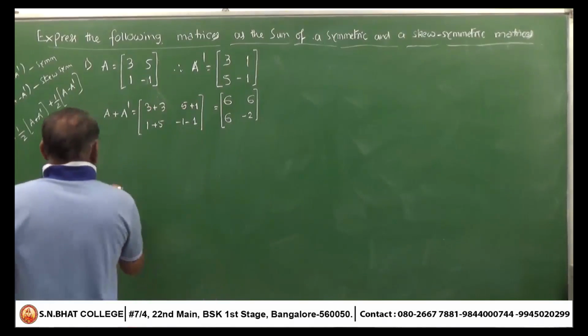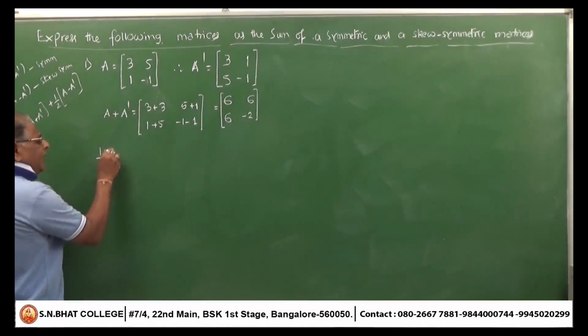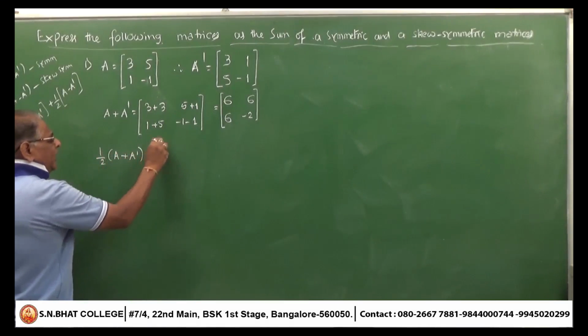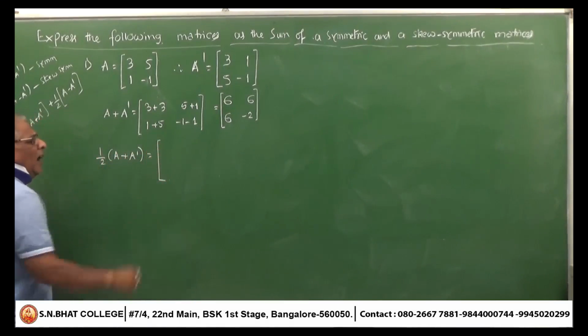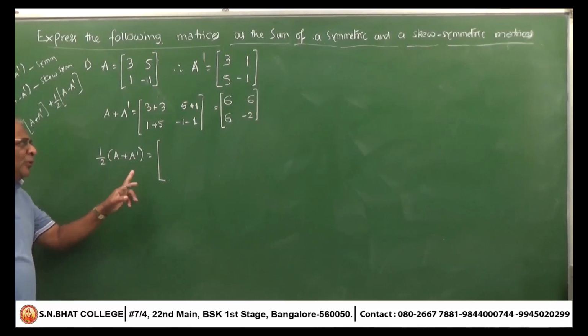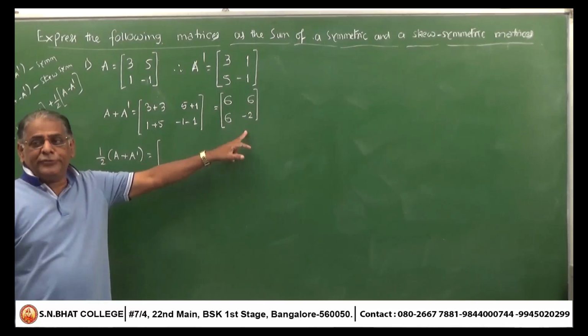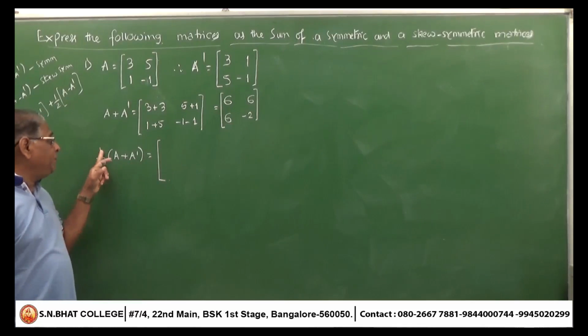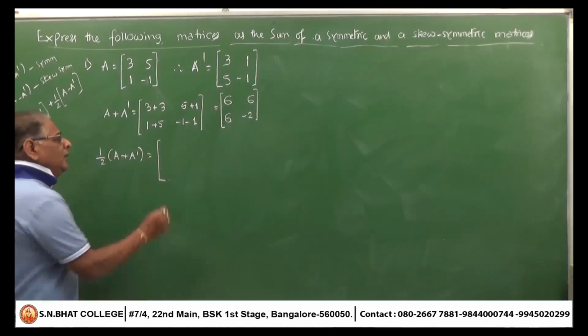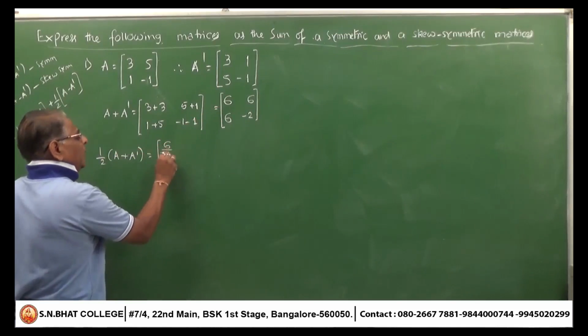Next I have to calculate half into A plus A transpose. Multiply each element by 1 by 2 or divide by 2 each element.